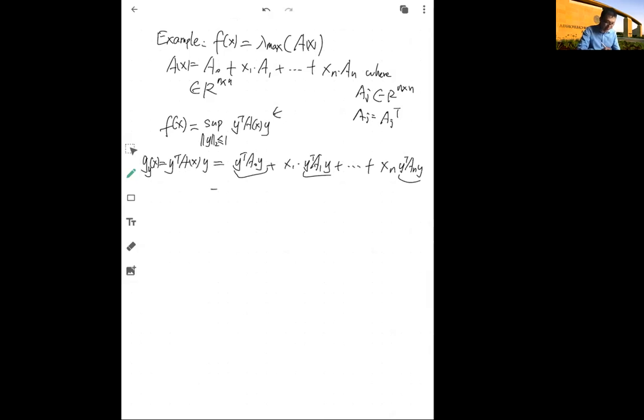So we end up with something of the form c transpose x, which is a linear function in x. Excellent answer.